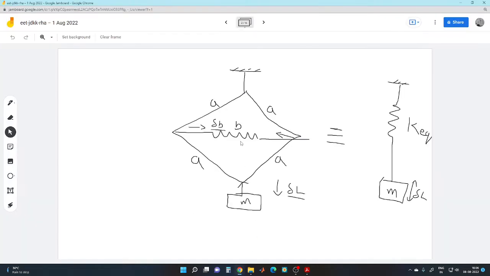What we did here was we took these four linkages of equal length, and we used this delta B compression in the spring to analyze the delta L extension.